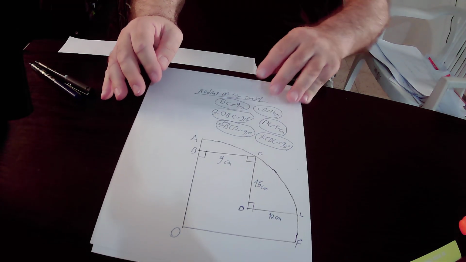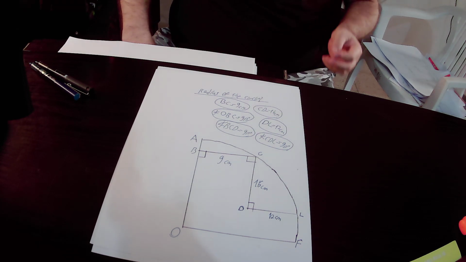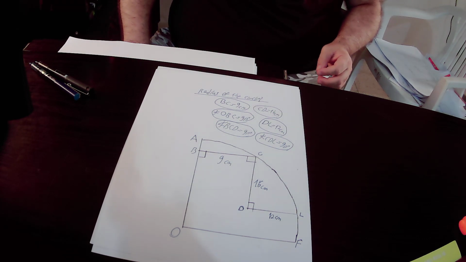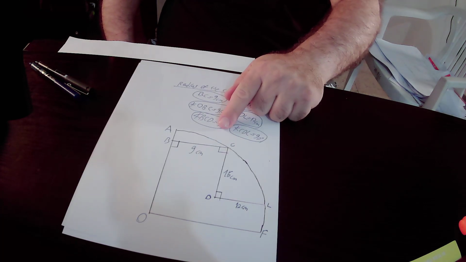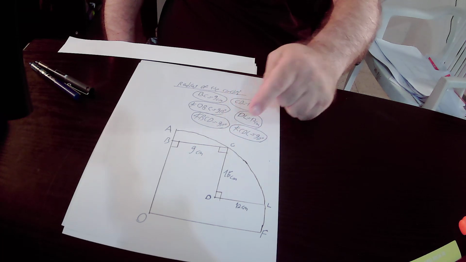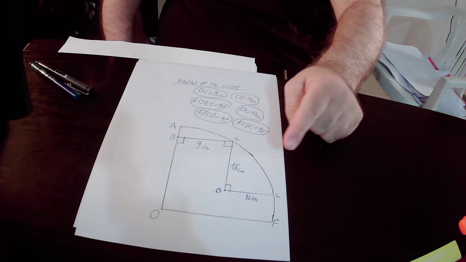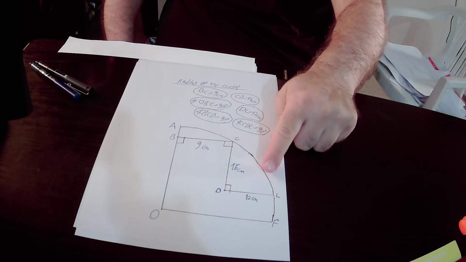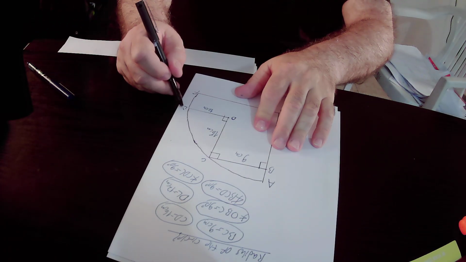In the drawing we have a quarter circle, and here line segment BC equals 9 units, line segment CD equals 16 units, and line segment DL equals 12 units.